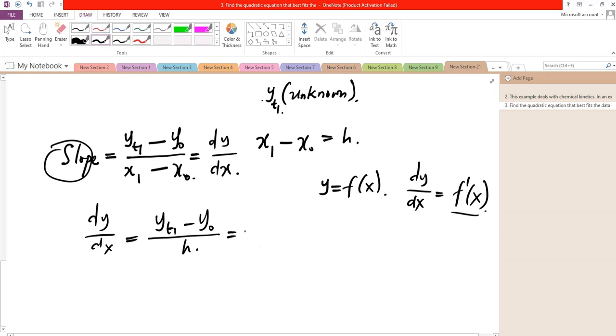So meaning that the dy dx will now be expressed like this. Now the unknown t subscript 1 minus y0 will now be equal to h times that.